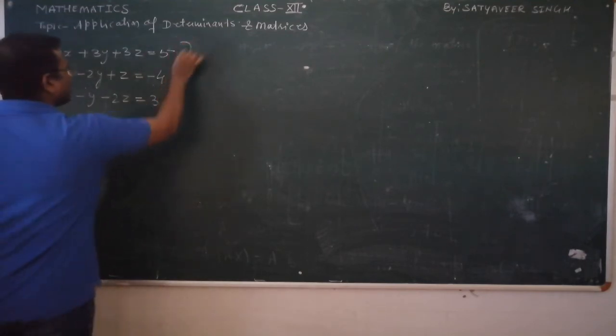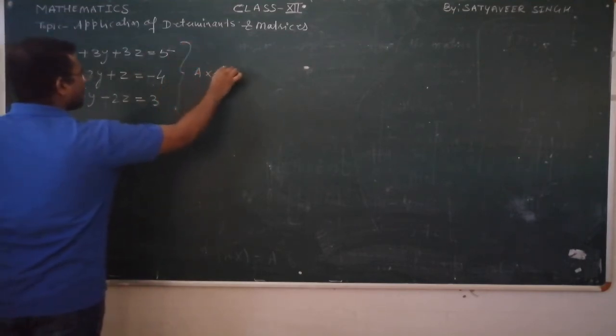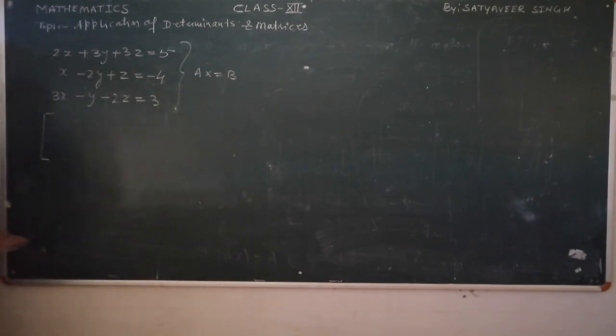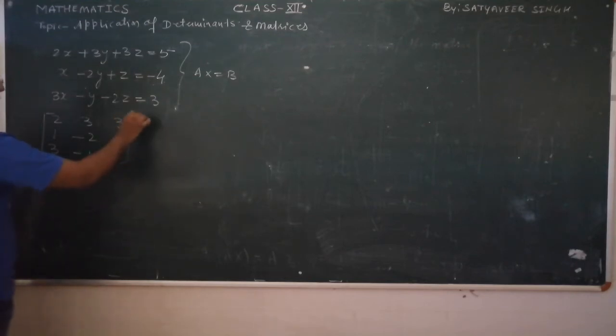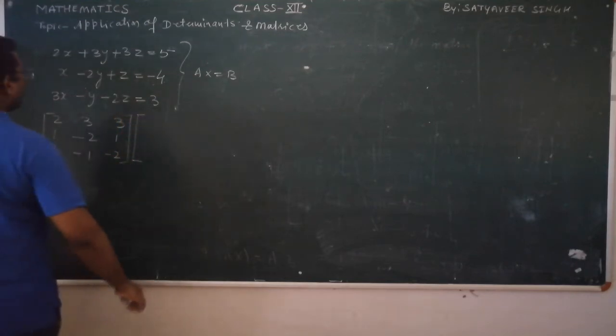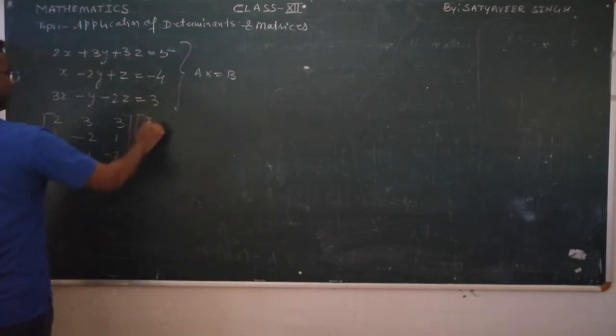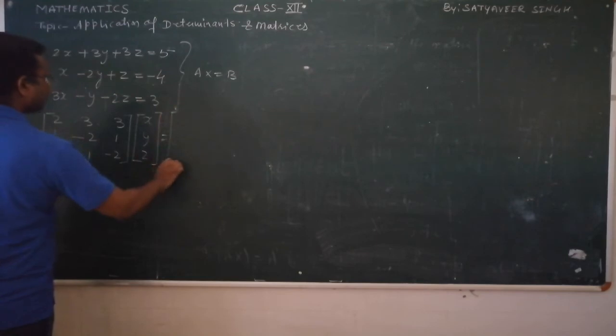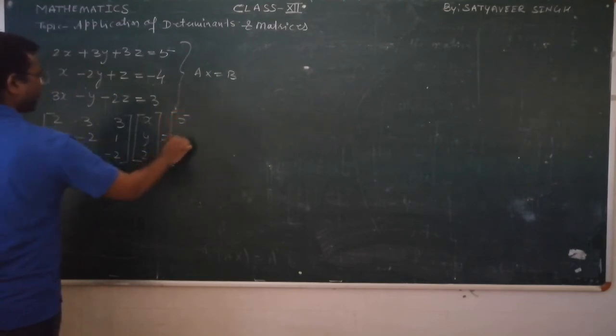We can write them in the form AX is equal to B. So here I am writing the matrix A. 2 3 3, 1 minus 2 1, and 3 minus 1 and minus 2. This is matrix A. Then here we need to write what is the value of variables x, y, z, and then the matrix B. It is 5, minus 4 and 3.